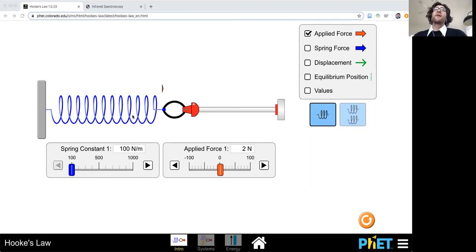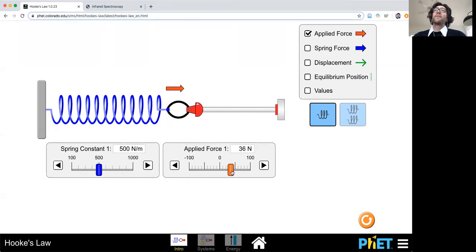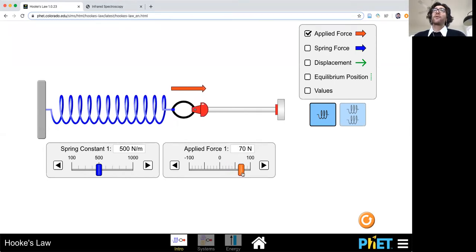So here is the chemical bond we're talking about, anchored between two atoms. If we make the spring thicker, that is, make the force constant higher, say this random value, the force that it takes to bend the spring is pretty high. It takes a lot of force.